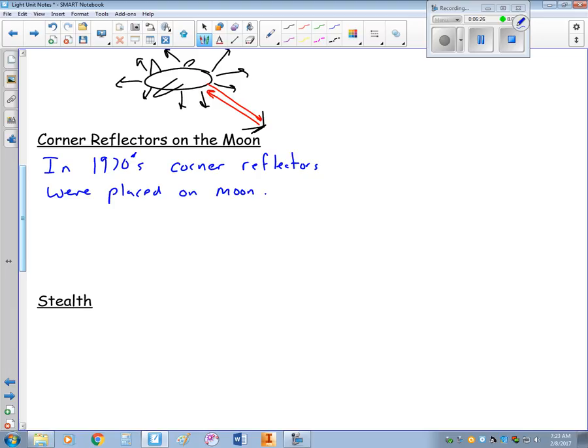So then what we do is we send powerful laser signals to the moon. If this is our moon, there's a little tiny corner reflector on it. We send a laser signal, we train it on that corner reflector.